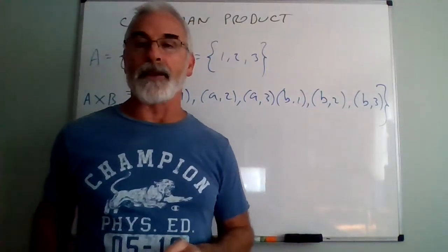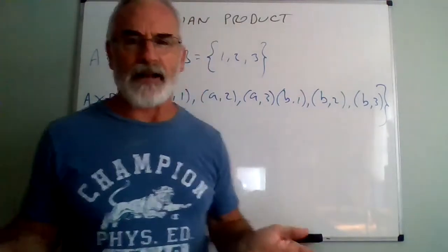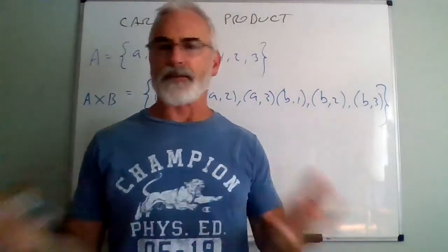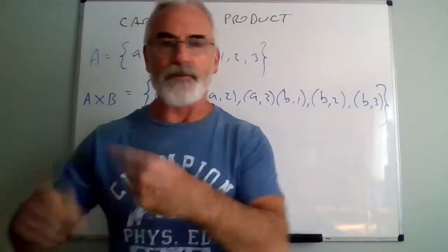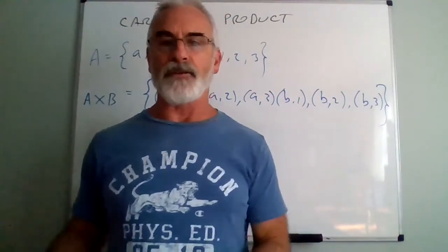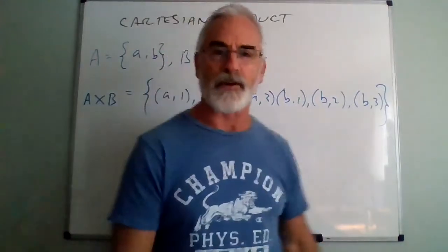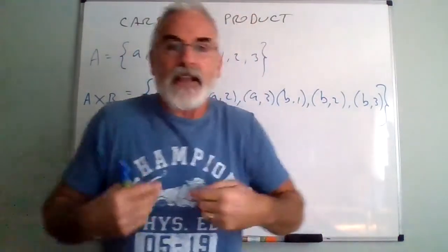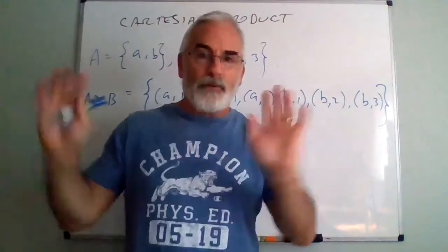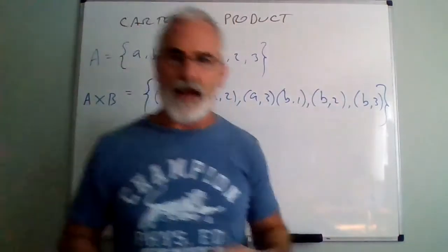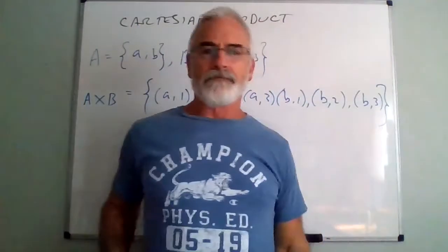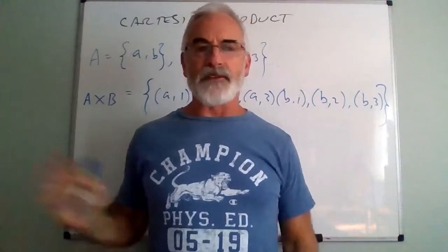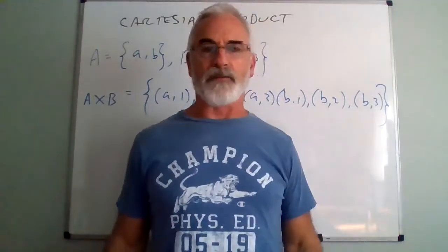So if I take a function in baby algebra, y equals f of x, the domain are all of the conceivable inputs I could use, and we'd say the range are all the outputs I would get from that. But back up a step. If I can input any real number and output any real number in general, then my domain would be the set of real numbers, my codomain would be the set of real numbers.